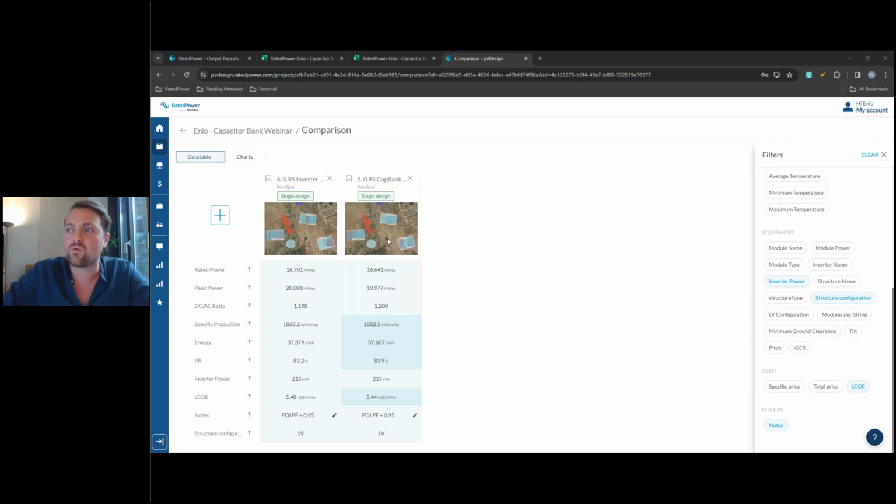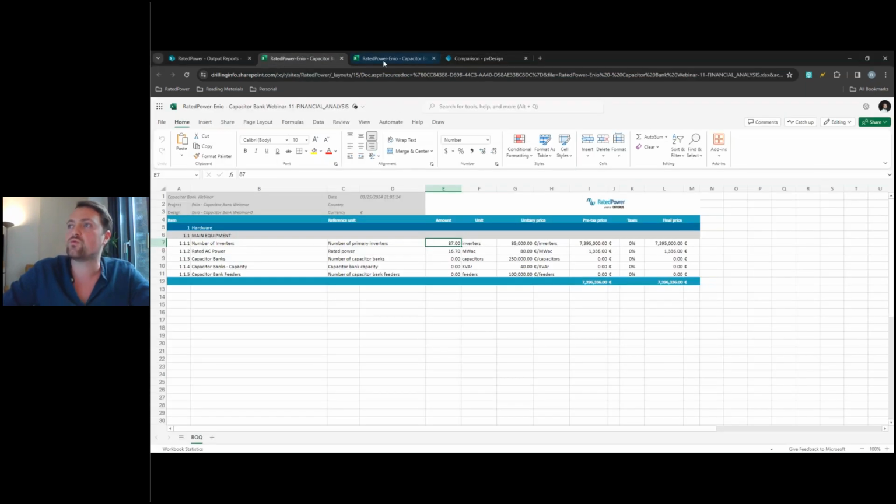Of course, in order to come up with a more detailed analysis, we need to do a technical and economic analysis. And for that, especially for the economic one, we can use our CAPEX tool. Basically, we can set prices for all the materials that we have in the bill of quantities sheets that we can produce. I've already prepared two of them.